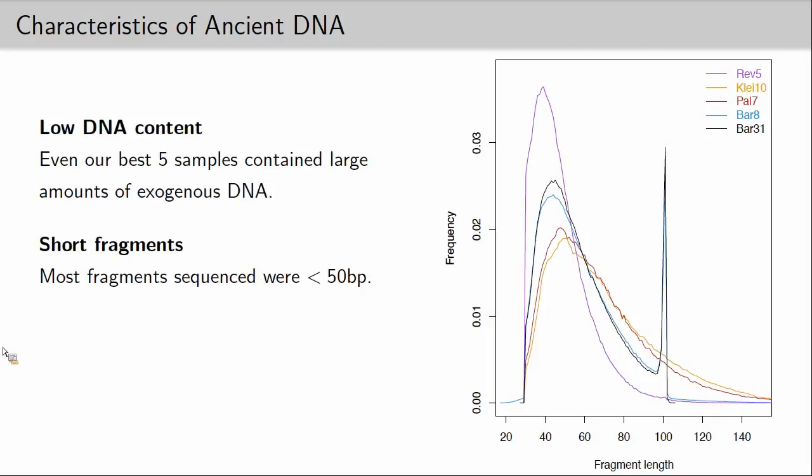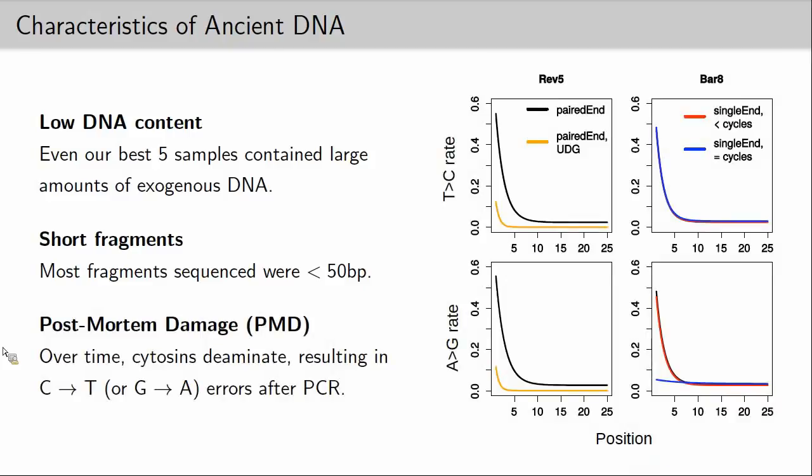Now the last issue that is common when dealing with ancient DNA is the presence of so-called postmortem damage. Postmortem damage are chemical modifications that occur over time to the DNA molecules that result in certain changes, or mutations, that are not really reflective of the person's DNA or the person's diversity that we're interested in, but are just errors that are compiled over the course of time.